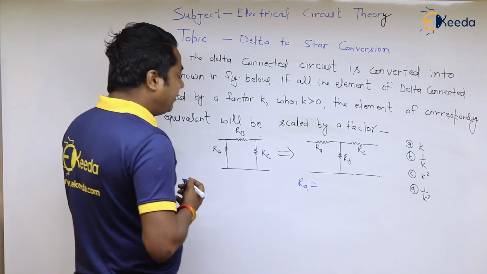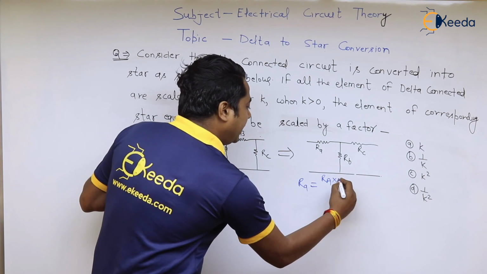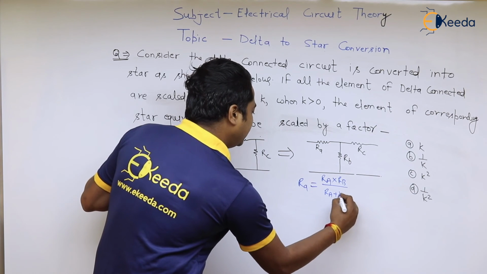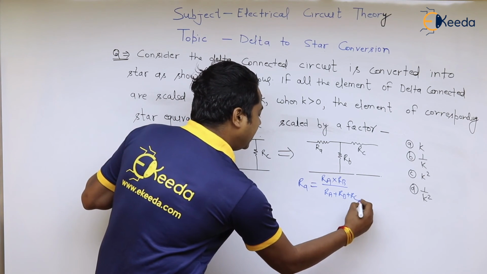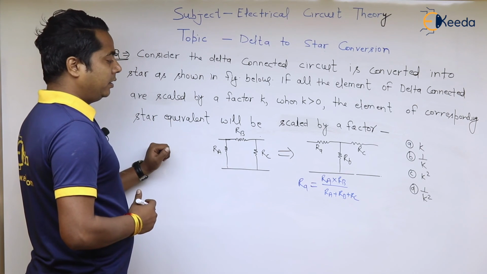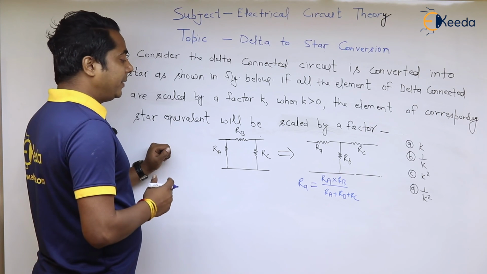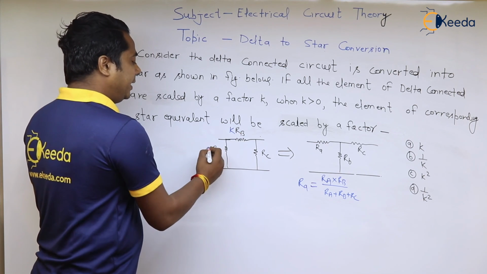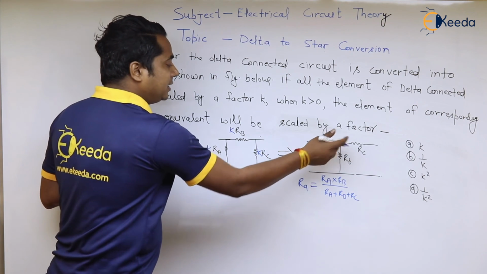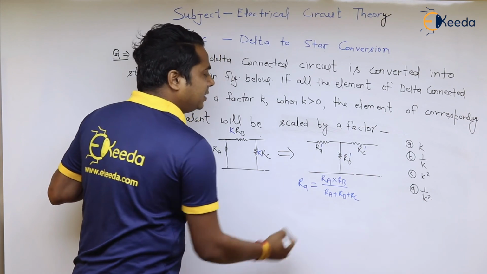The value of RA will be the multiplication of RA and RB upon RA plus RB plus RC. This is without multiplying k. And right now, what we are doing is multiplying by k in each resistor. Then this value will be changed. This value will be RA dash, RC dash and RB dash.